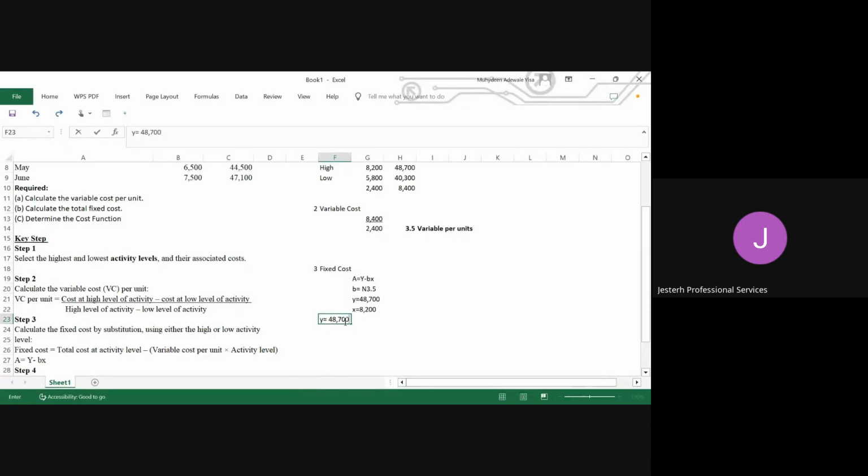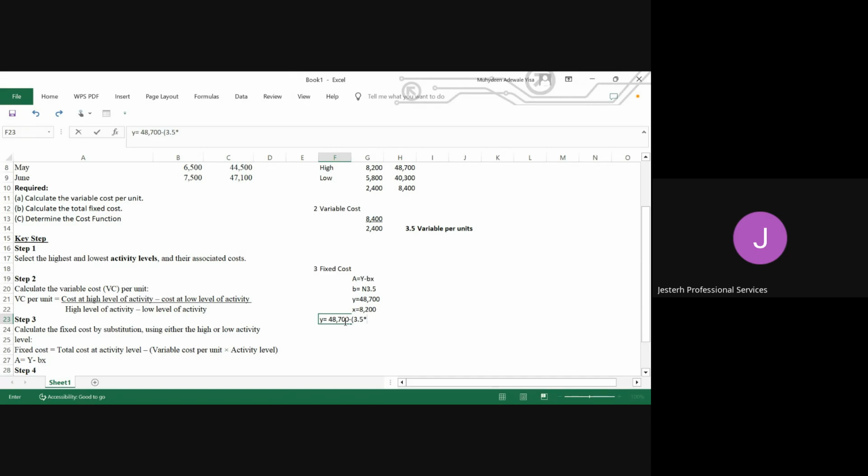Y is equal to X minus BX. Now our Y is 48,700 minus, we have to put it in brackets. What is B? Our B is our variable cost per unit, which is 3 naira 50 kobo. Then what is our level of activities, which is X? We'll now multiply our level of activities with the variable cost per unit.